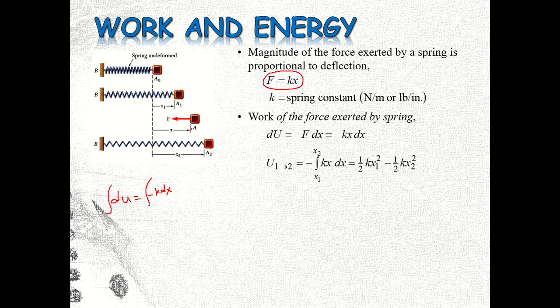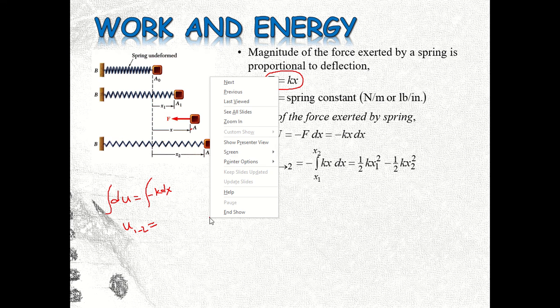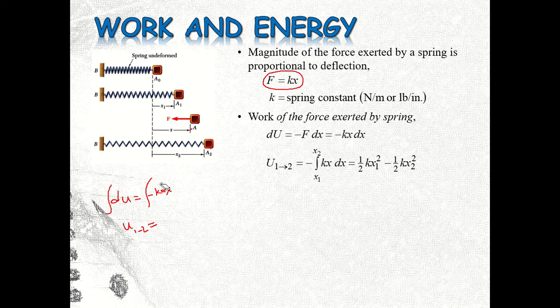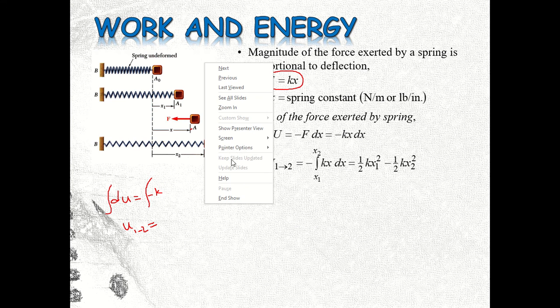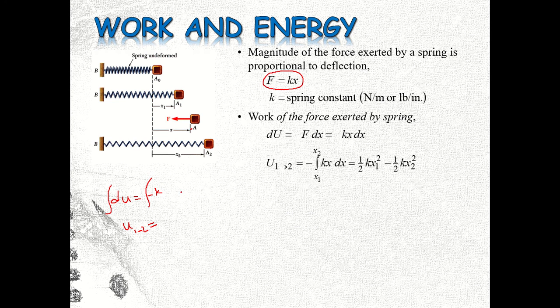So integrating this, we have U from 1 to 2 equal to, sorry, we still have x here, we missed the x, negative kx dx.